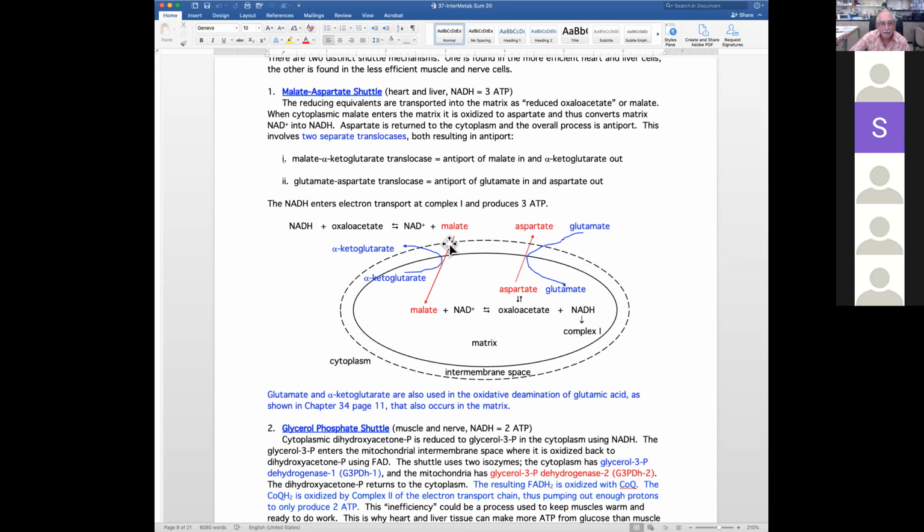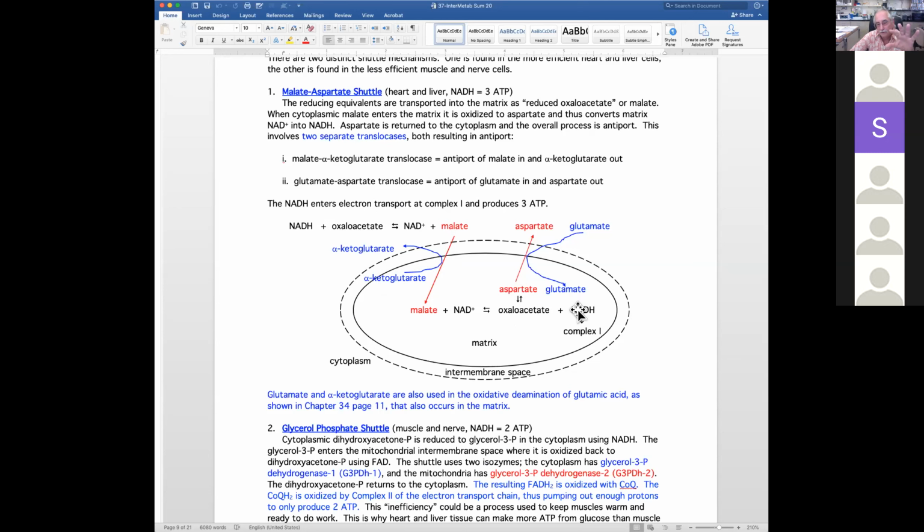Then malic acid can come in with an antiport mechanism with alpha-ketoglutarate. So then what happens? The malate can be reoxidized into oxaloacetate. During that process, you're making NADH, which simply goes and makes ATP.